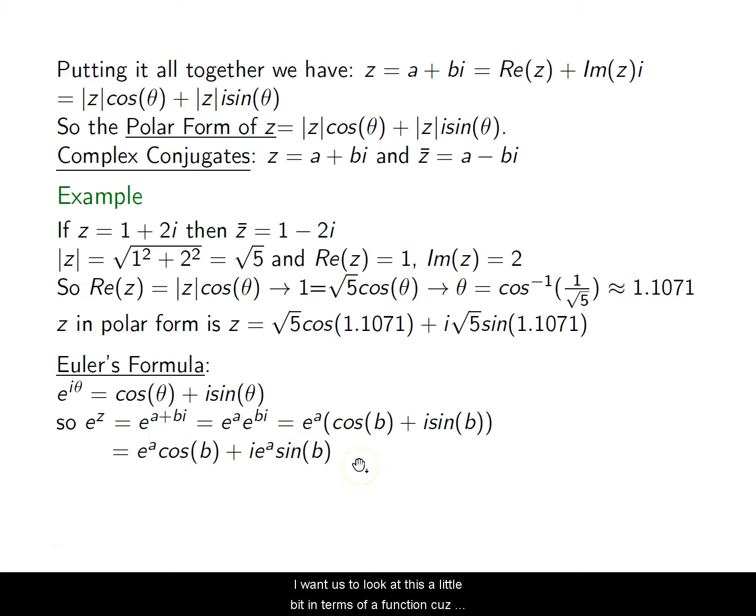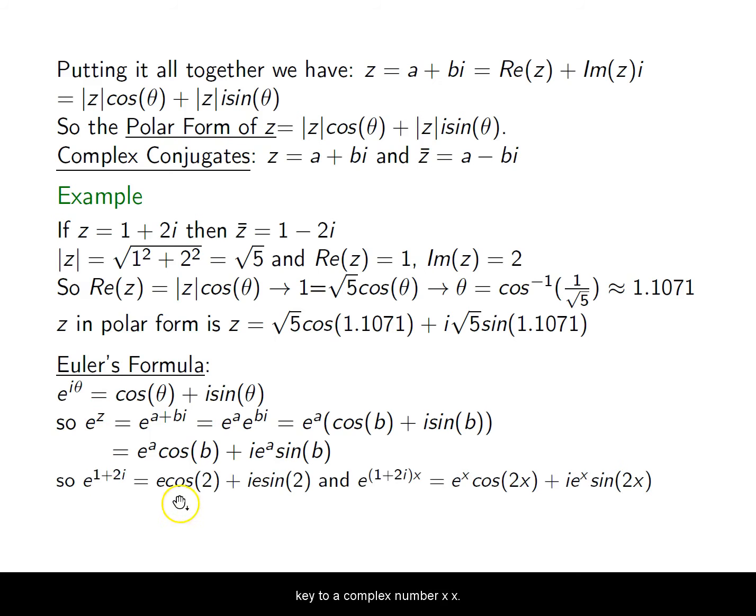Now I want us to look at this a little bit in terms of a function, because this is e to a complex number, but what if I had e to a complex number times x? So looking at our example here, e to the 1 plus 2i for my z, e to the 1 is e, cosine of the 2, and then I get the complementary portion here.